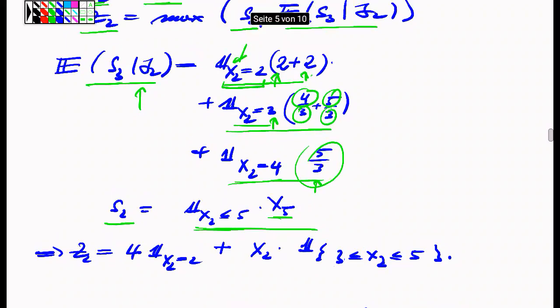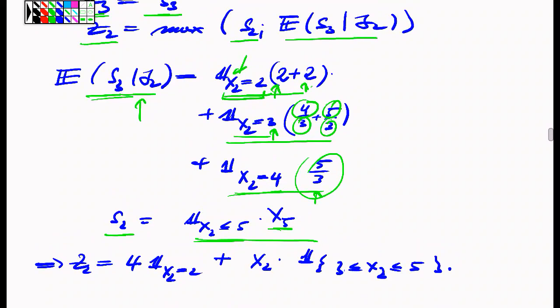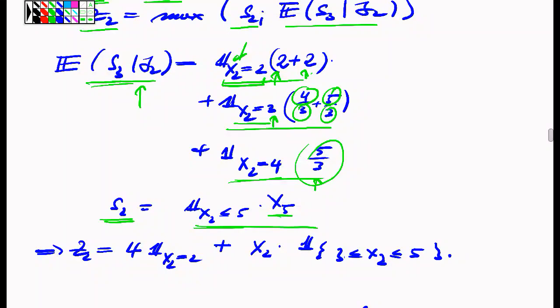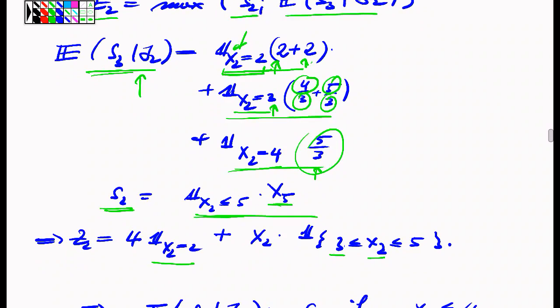And you see that this conditional expectation term is bigger than the S2 part only if the x2 function is 2. If the x2 function is 3, then the two coincide, and if x2 is 4 or 5, then it is better to take what you got so far.